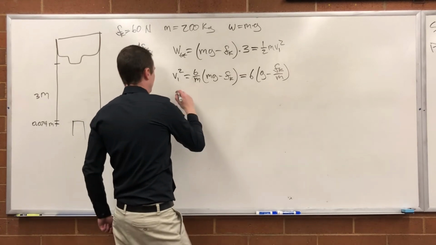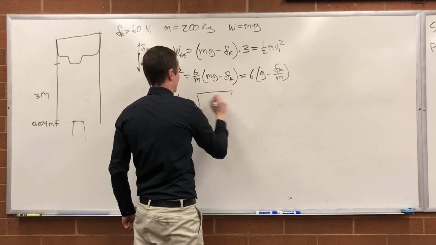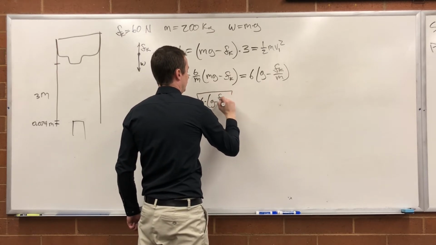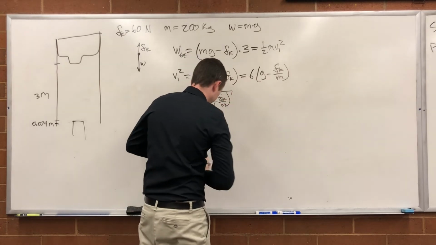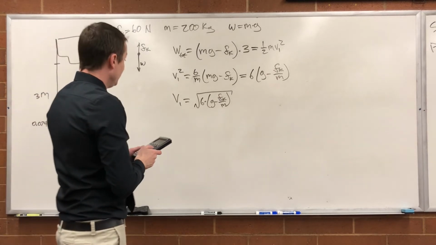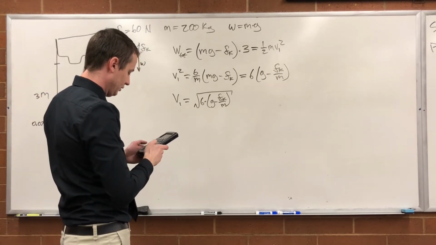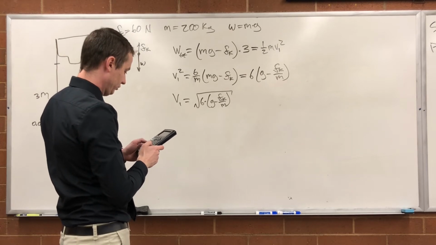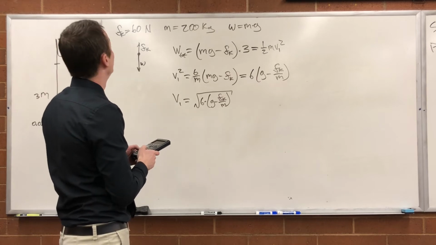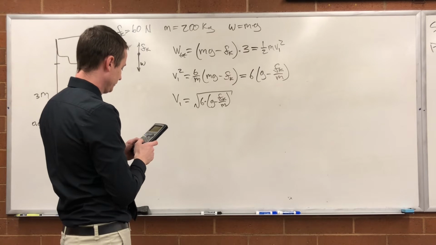So then V1 is going to be the square root of 6 times g minus f sub k over m. Figure out what that is, and that will be our velocity. So we have the square root, oops, forgot my square root, of 6 times 9.8 minus 60 divided by 200, right?